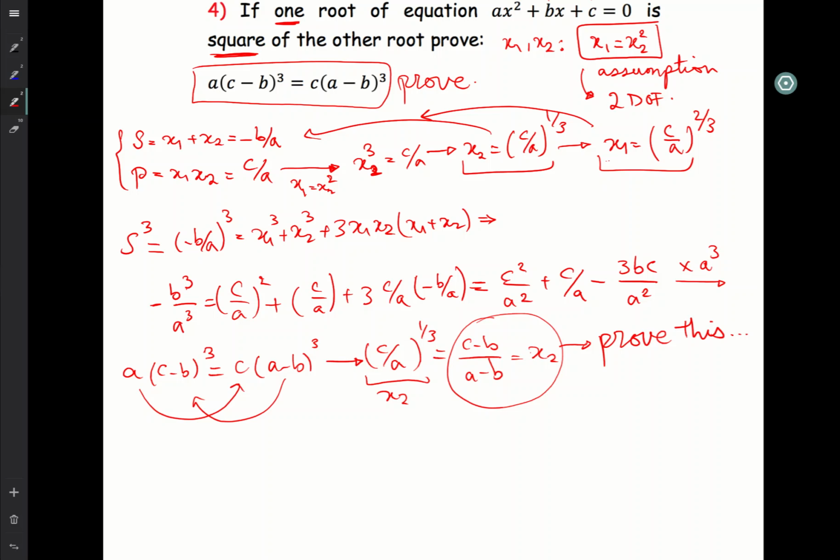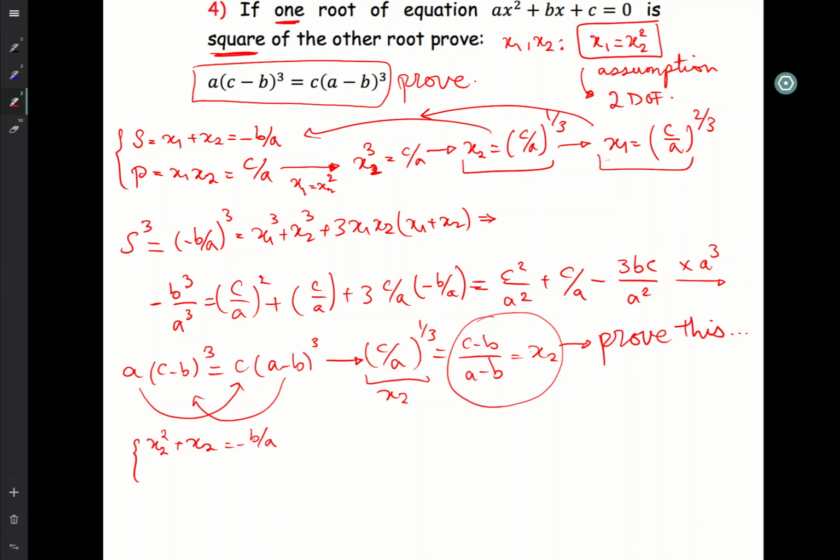The way we're going to prove this is c minus b over a minus b. Alright, let's see. We start with substituting for x1, so x2 squared plus x2 is minus b over a, and x2, right?